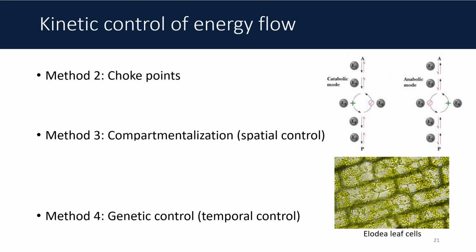The second method of regulating anabolism and catabolism involves choke points. Many catabolic and anabolic pathways share common enzymes, but there's usually one or two steps that feature a unique branching or bypass enzyme that catalyzes an irreversible rate determining step.